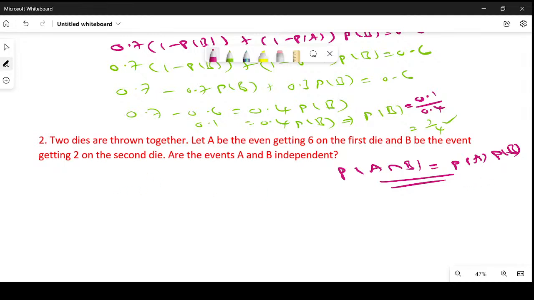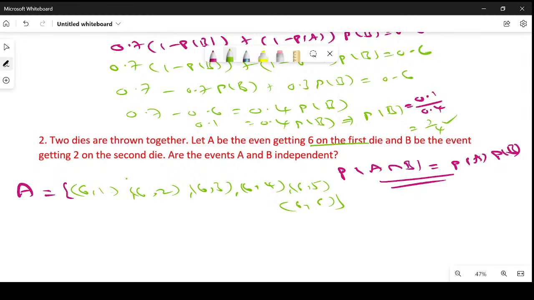Two dice are thrown together. A is the event of getting 6 on the first die. So A is equal to, they are talking about 6 on the first die, which means you can write (6,1), (6,2), (6,3), (6,4), (6,5), (6,6).